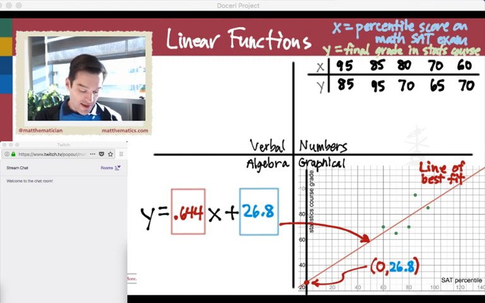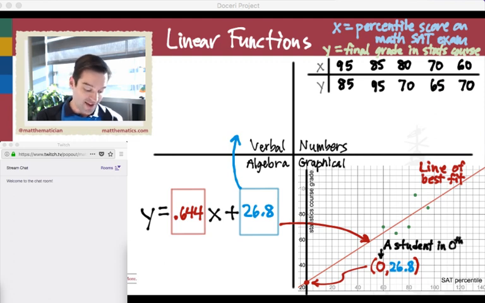Let's contextualize that. Let's say what this quantity means with words. Remember that to contextualize an intercept, it makes sense to always make reference to the x-coordinate as the first part. And the x-coordinate in my example here is the percentile score on the Math SAT exam. So we would say a student who scored 0th percentile, which by the way is impossible.